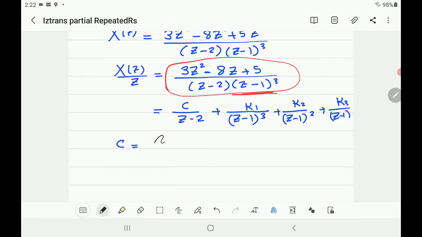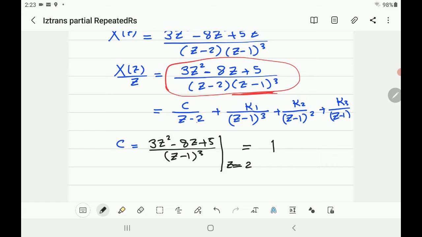So you will have 3z squared minus 8z plus 5 divided by what's left, z minus 1 cubed. And you substitute z equal, you know what value? Yes, when this one will be equal to 0, at z equal 2. Then substitute in this expression, you'll find c is equal to 1.